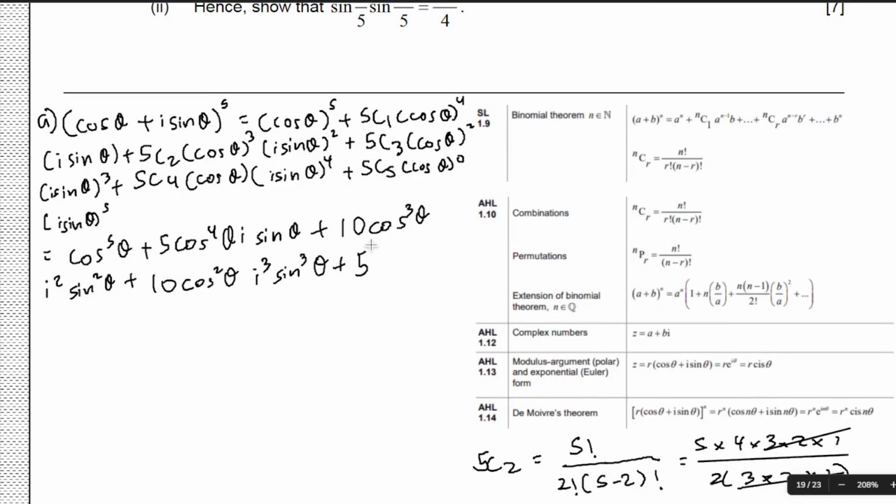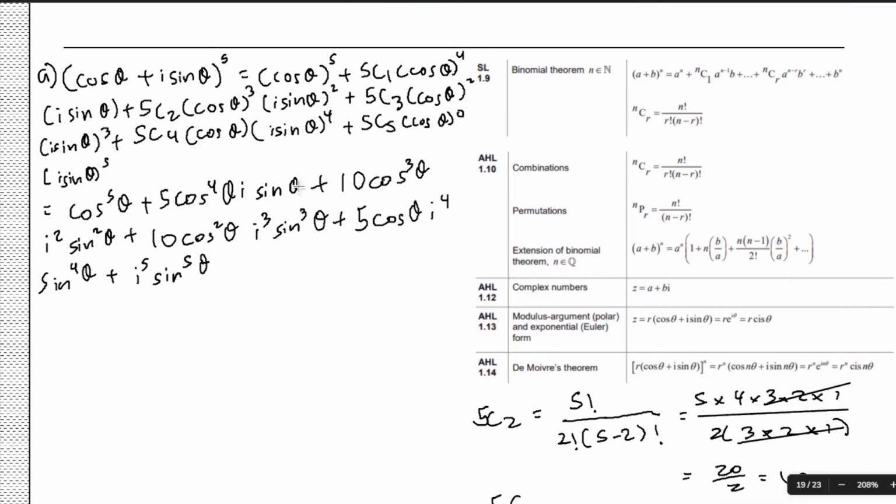All right, so we have 5 cos theta i to the power 4 sin to the power 4 theta plus i to the power 5 sin to the power 5 theta.